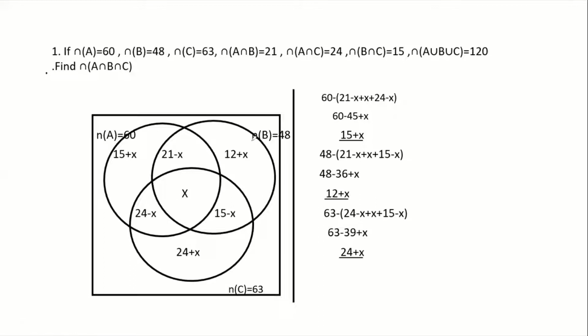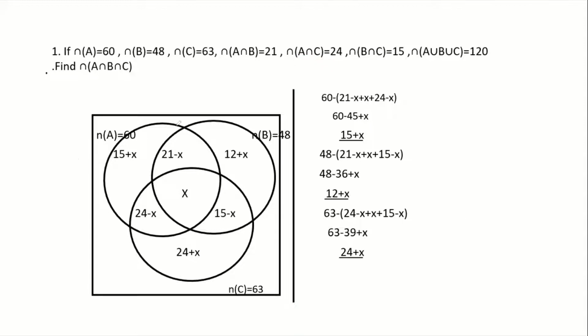Their intersection is here, the midpoint of A and B. That is 21, but remember, this 21 also has the intersection bit of it all, so we shall end up with 21 minus X. We get back to our question: the number of A intersection C is equal to 24.